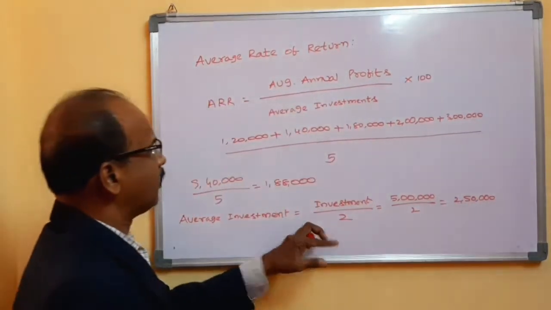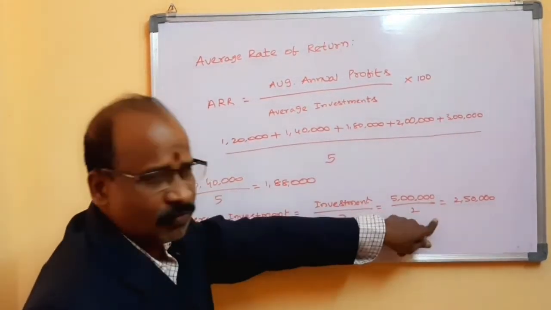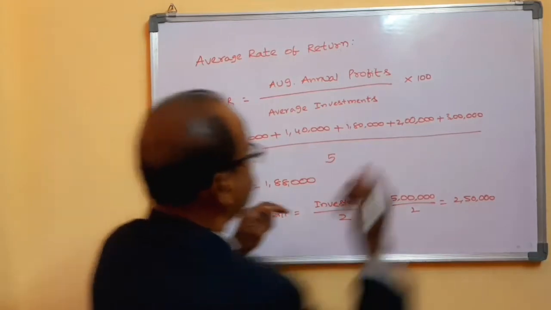Coming to the formula, average annual profits 1,88,000 divided by 2,50,000 into 100.